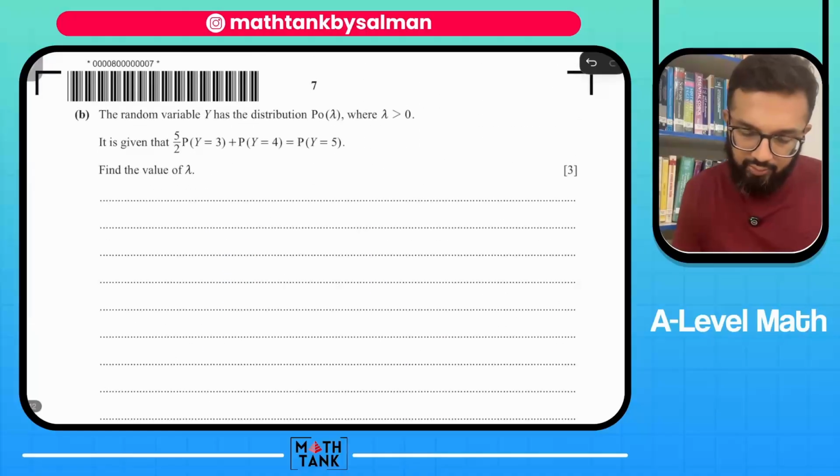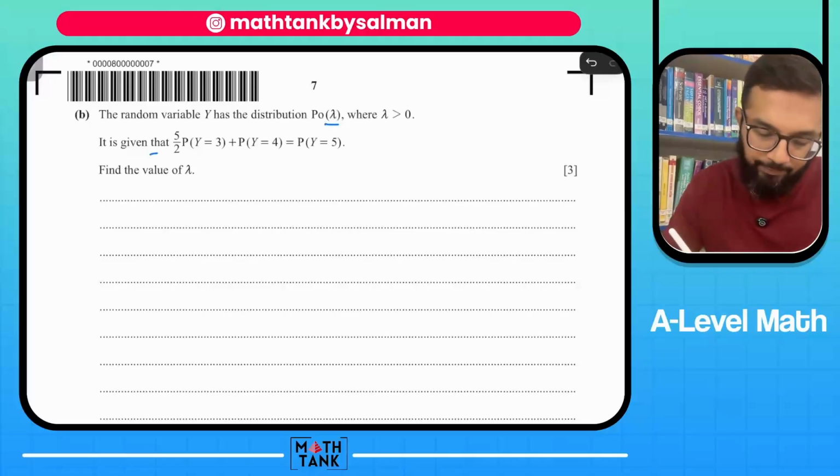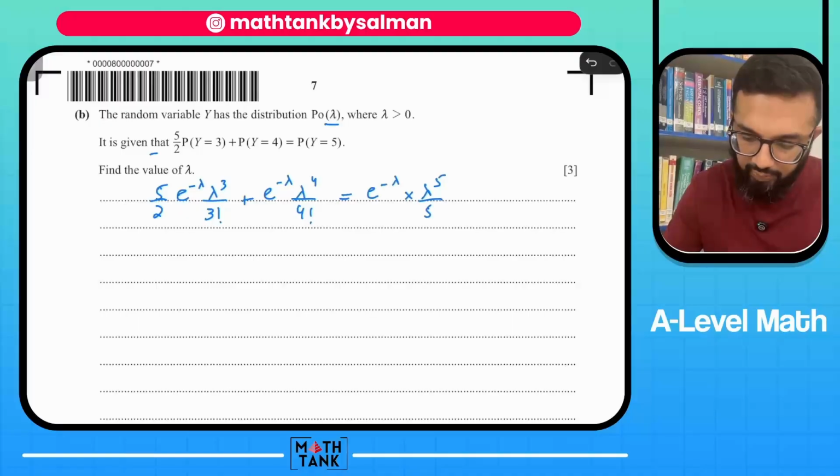Okay. It says the random variable Y has the Poisson distribution. It is given that probability of Y equals 3 plus probability of Y equals 4 equals probability of Y equals 5. So let's calculate. e power minus lambda, lambda power 4 over 4 factorial. e power minus lambda, lambda power 5 over 5 factorial.